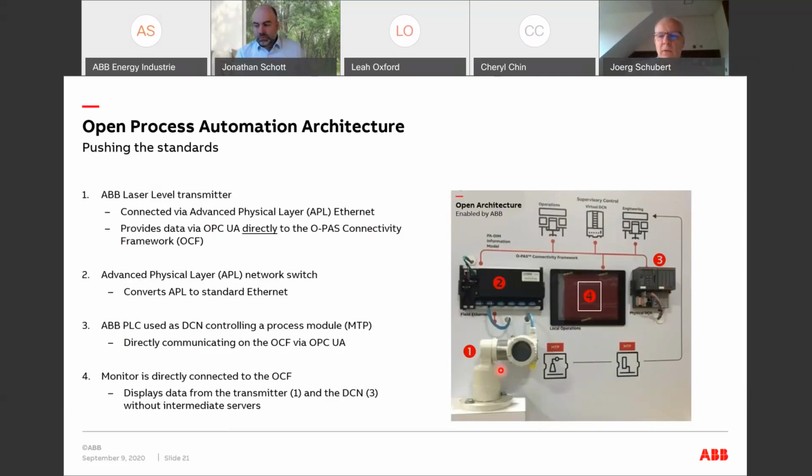So instead of having a DCN with local I/O or a gateway DCN that would fetch data from a remote I/O, here the Ethernet communication goes all the way into the field instruments, and the blue cable is not by accident. What we're talking here is what is named the advanced physical layer.